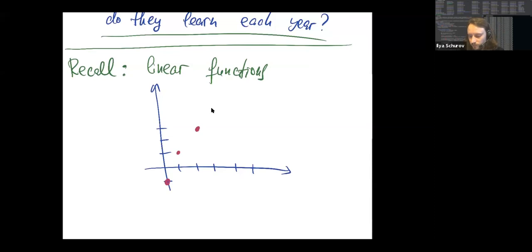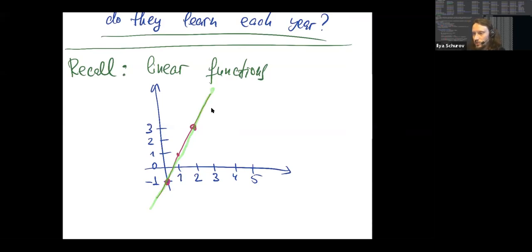Let me consider the following straight line. So I have values 1, 2, 3, 4, 5. First of all, this is a straight line.